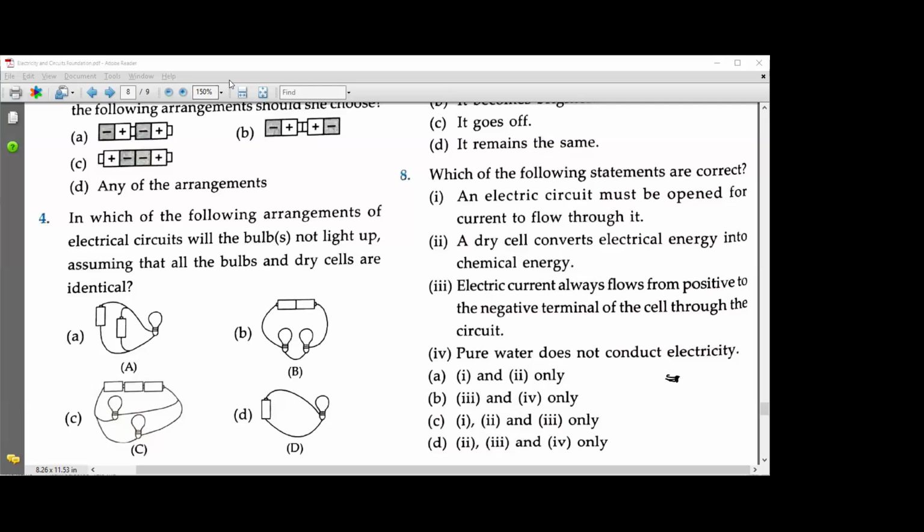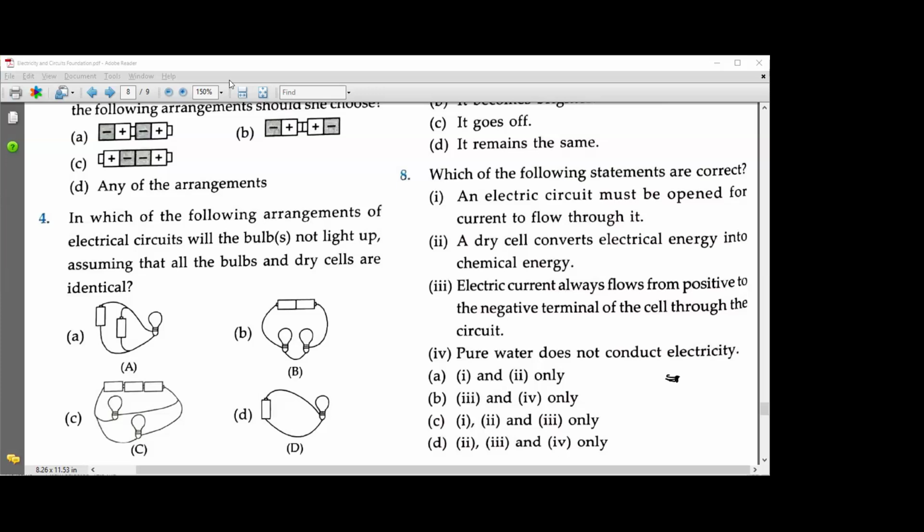Question 8B. Which of the following statements are correct? 8D, dear.